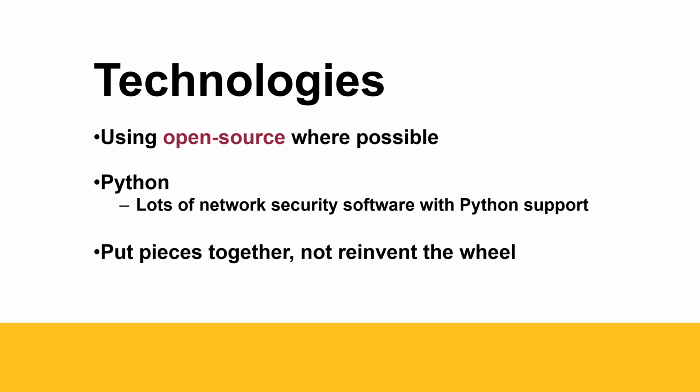All right, so I'm going to continue then. Connor's talked a lot about this stuff. We really tried to use open source technology where possible because we didn't want this to be boxed in and not reproducible. It was a happy coincidence that a lot of open source network security software ended up having Python support. Caldera had it.